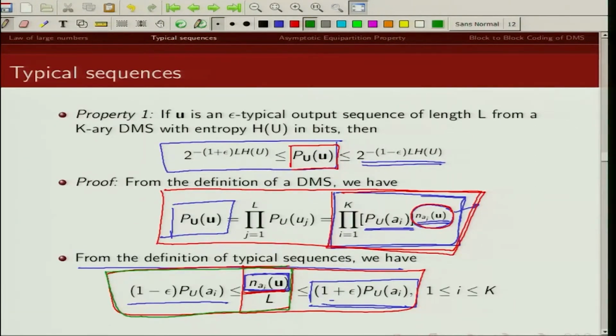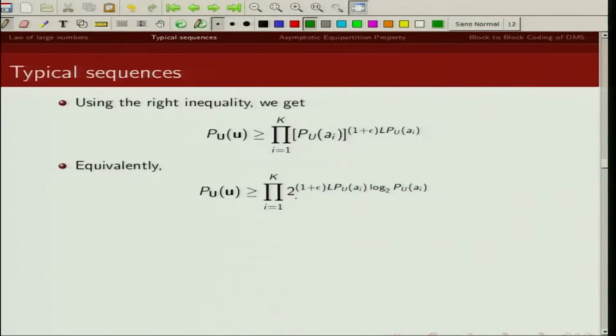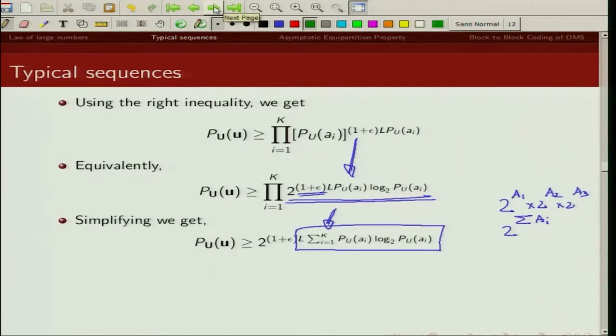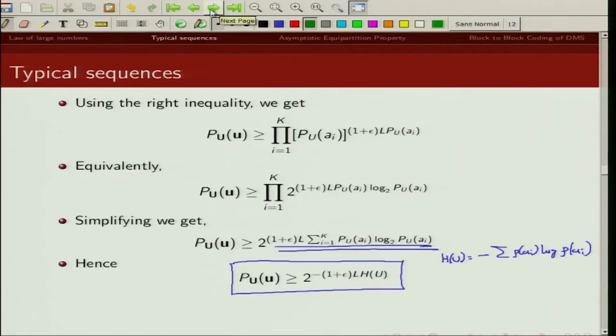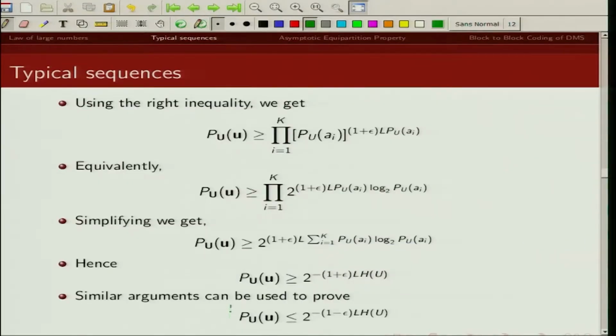I will replace N_aiU by L times (1 minus epsilon) P(U_ai), and since it's smaller than N_ai, so this whole thing would be greater than or equal to P of U_i, and subsequently I will write it in the form of 2 raised to the power (1 minus epsilon) L times P(U_ai) log P(U_ai), and following exactly the same procedure we will get the upper bound on P of U.